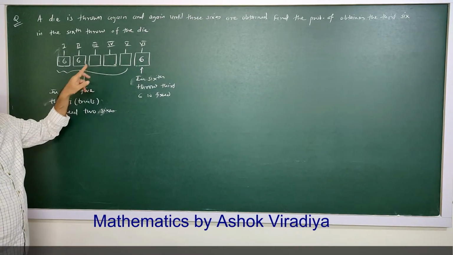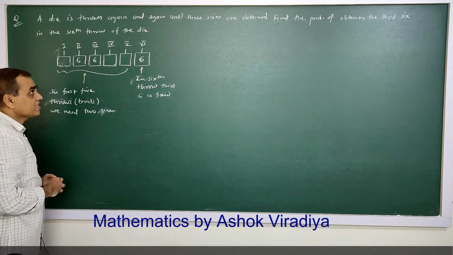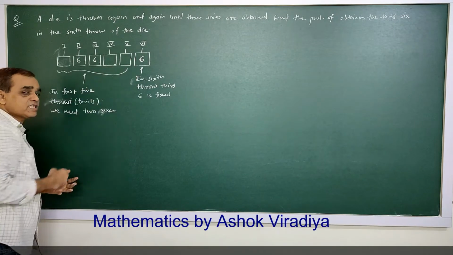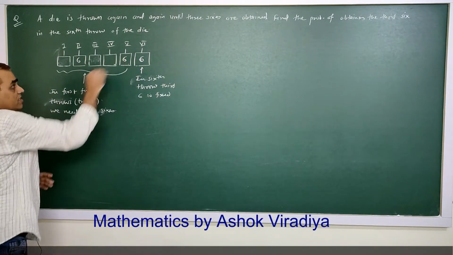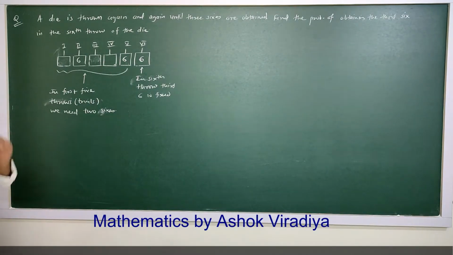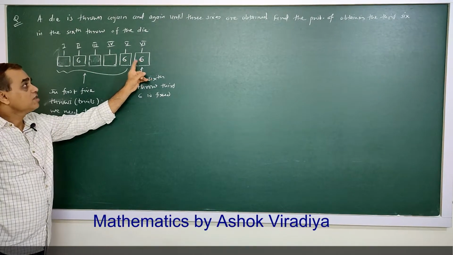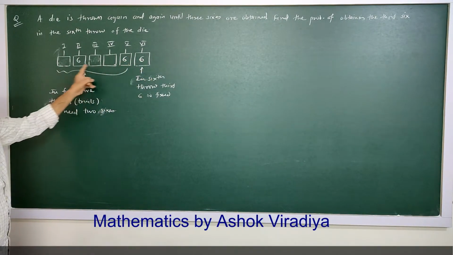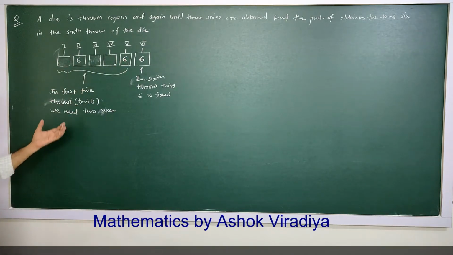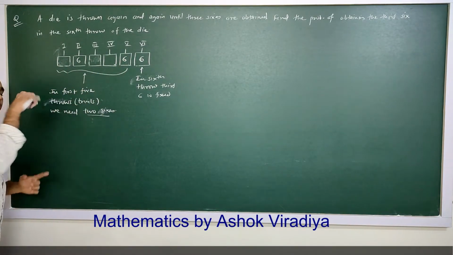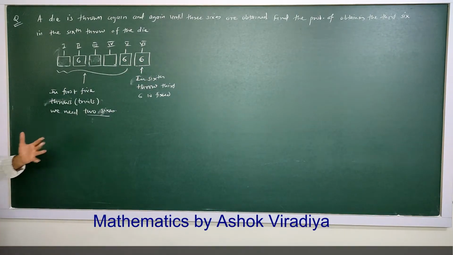Here no 6 allowed. Or if in second throw there is 6, in third throw there is 6, then third 6 must be in 6th throw. This is allowed. Or here this is allowed. Third 6 must be in 6th throw. That is the condition. So here we need only 2 sixes anywhere in any 2 throws. So in 5 trials we need 2 sixes and directly the third 6 we need in the 6th throw. This is the requirement.